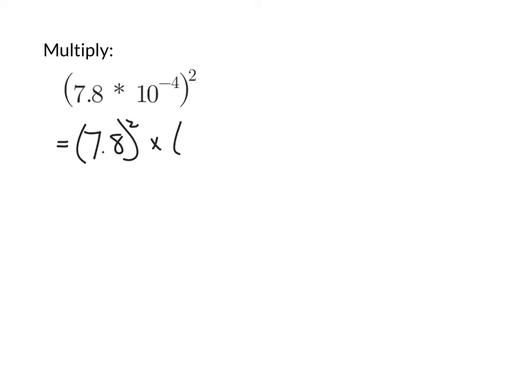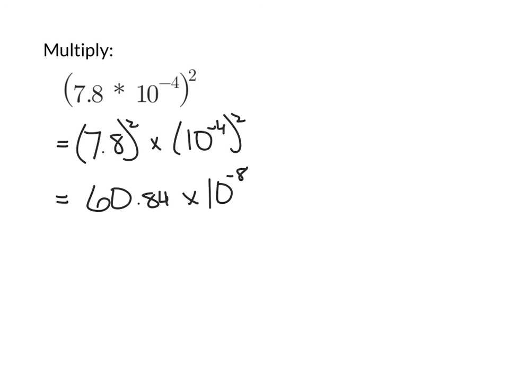And we're going to take that 10 to the negative fourth and square that too. When we do that, 7.8 squared is 60.84. And for 10 to the negative fourth squared, we have a power to a power, so we multiply those two powers together and get -8.